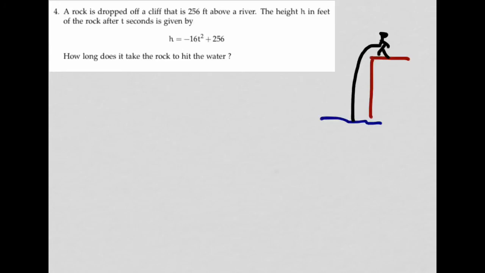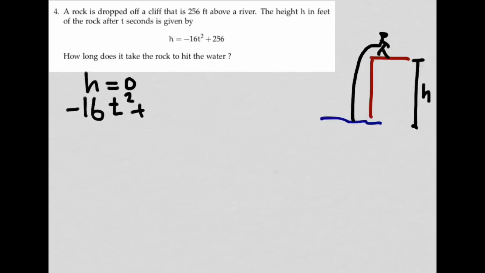The rock hits the water precisely when the height above the water is 0. So we're solving the equation h equals 0, which means minus 16 t squared plus 256 equals 0.